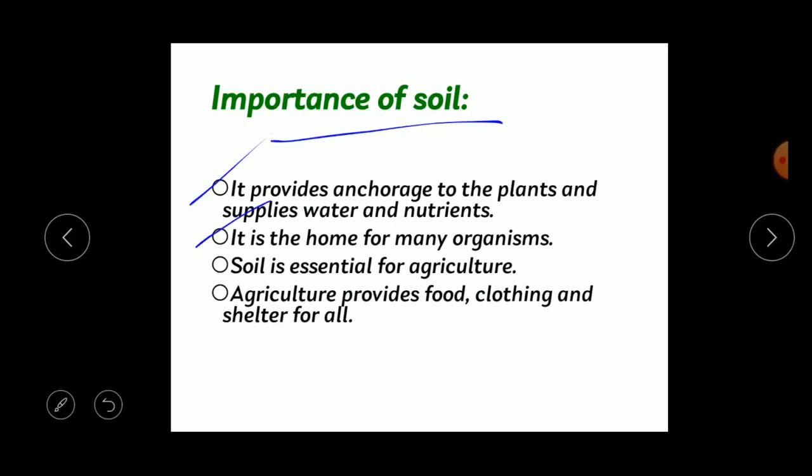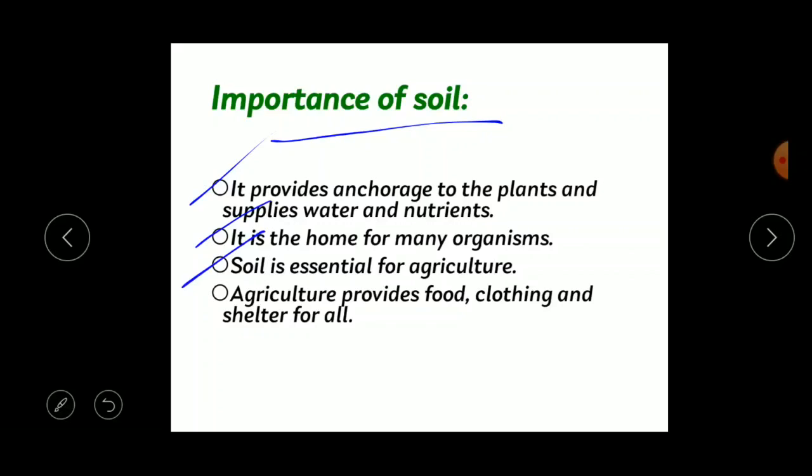The next point is it is a home for many organisms. So the soil provides a home for many organisms such as animals, birds, plants, even for human beings also, right? The next point is soil is essential for agriculture. This soil is very important for agricultural purposes.